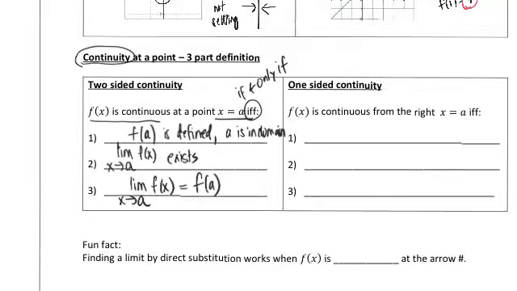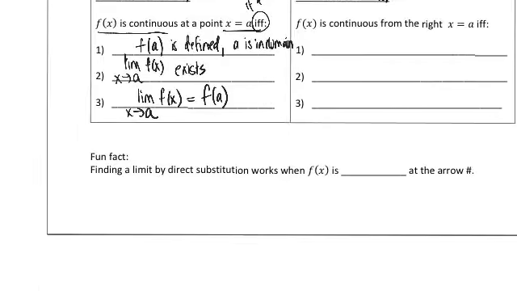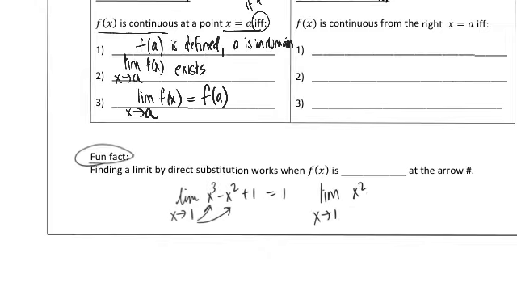I'll come back to this side of the box in a minute. So a fun fact: remember, a couple lessons ago, if you had a function where you wanted to find a limit, you could just plug the arrow number in. That was always our first way of trying to find a limit. In some functions this would work, and in other functions it might not work.